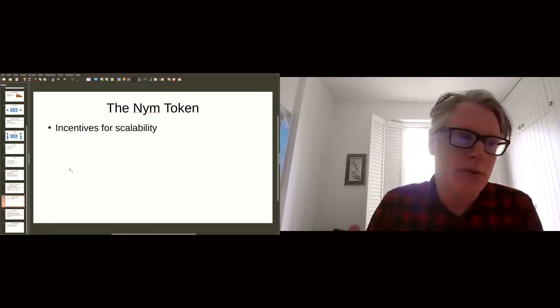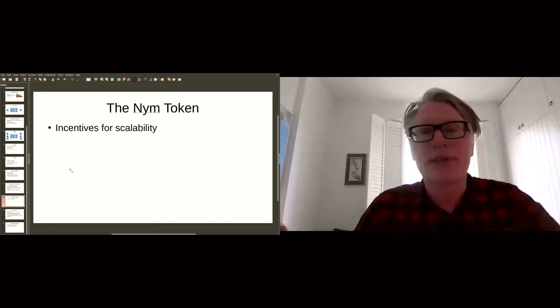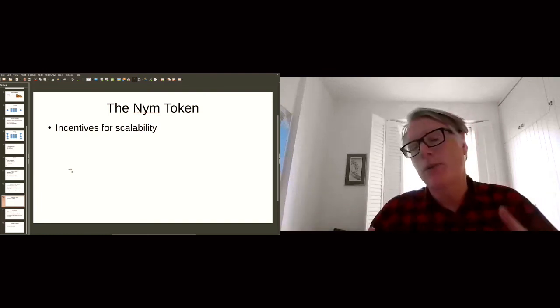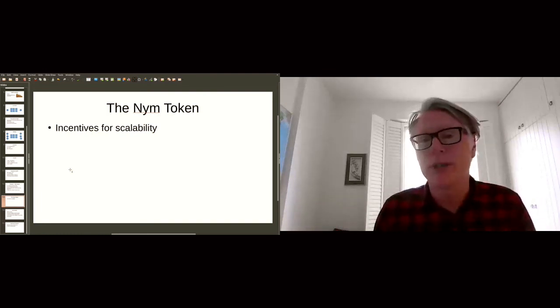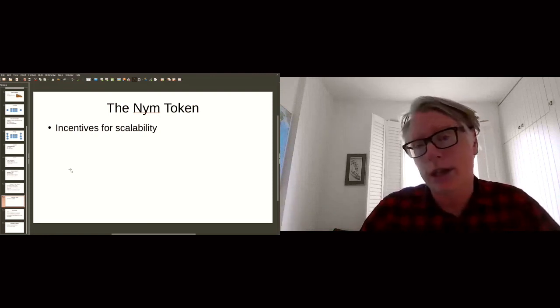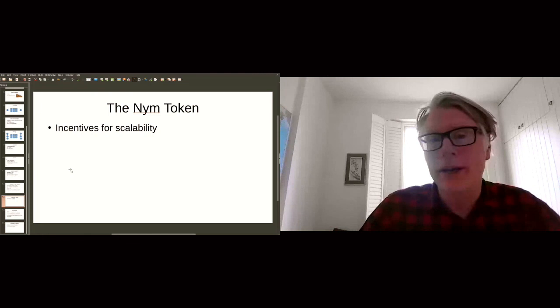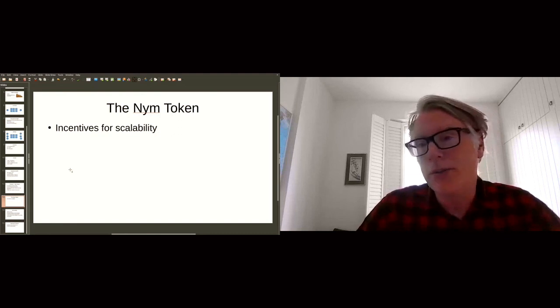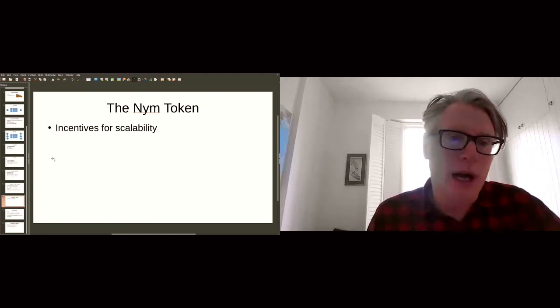They're probably going to have 7,000 nodes next week and the week after. Even if demand for their service goes up, they don't really have a way of incentivizing anybody to scale the system up, or importantly, scale it down when there's less demand and people don't need to be wasting resources by running nodes. So this is what the Nym token does for our system: it provides those incentives.